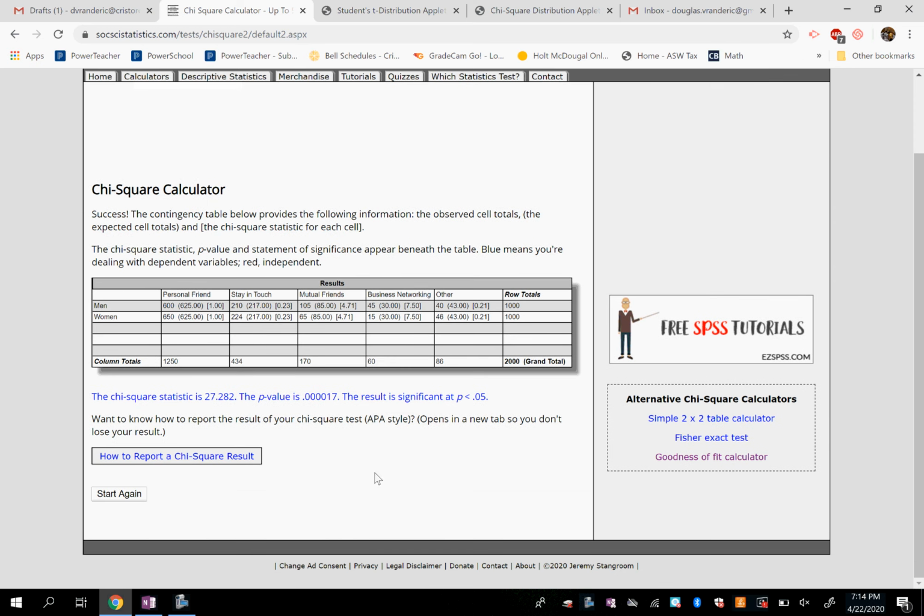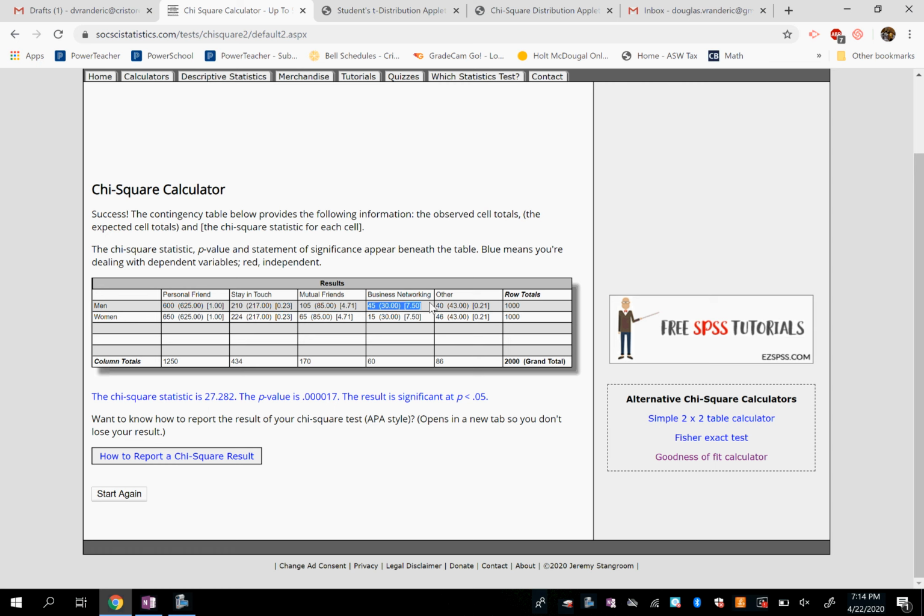Now it's been a while since you've looked at this, but I'm looking for men and business networking, which is this cell here. The first number, 45, is the observed value. That's how many men said they would use it for business networking. The number in parentheses is the expected value based on the totals.